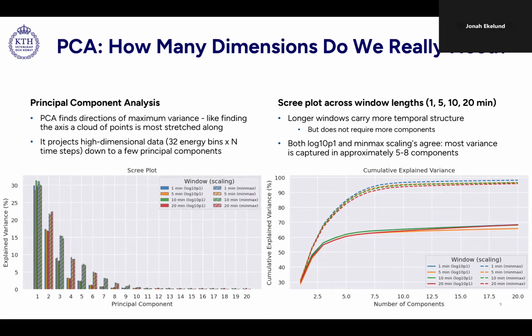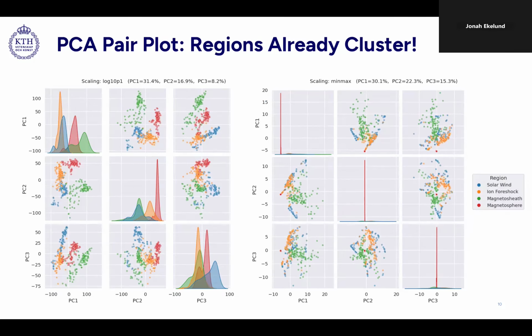So if we then transform our features to a reduced feature space based on our PCA, we can plot our data samples and color them based on our labels. To the right here, you see the log 10, and to the right the min-max.